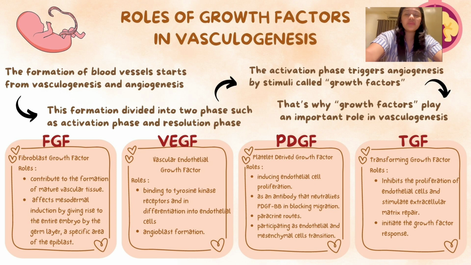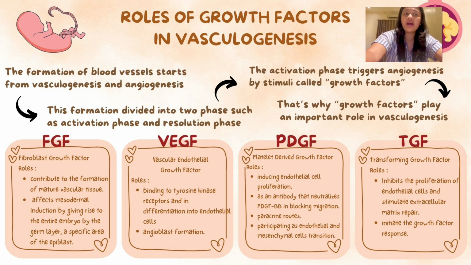The next one is VEGF, or vascular endothelial growth factor. VEGF is basically divided into 6 types based on its receptor. One of them is VEGF-A. VEGF-A binds to the VEGFR1 and VEGFR2 receptors. VEGFR2 is expressed in the first week of pregnancy, the embryonic phase.